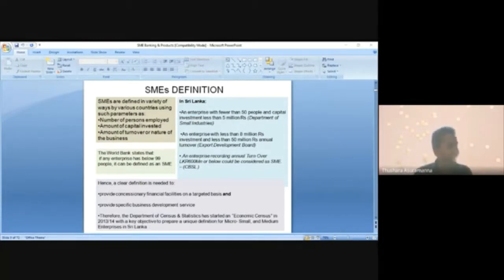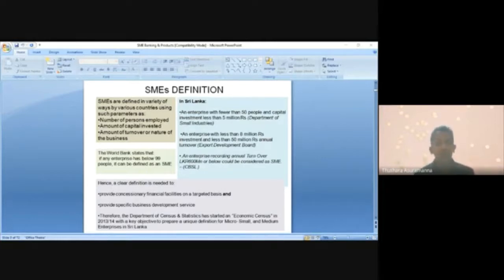They are anyway the backbone of the economy, the supporting chain to the big corporates, and they contribute to the GDP in a massive way. So you need to support them at an acceptable or reasonable cost.